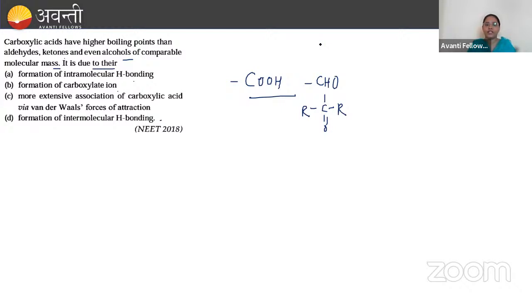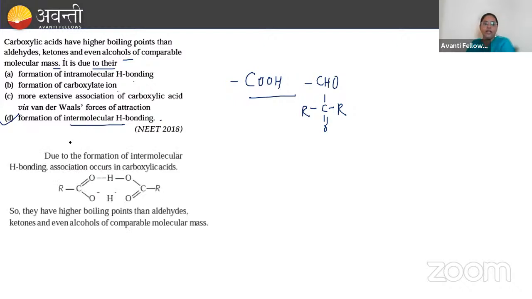Yeah, very good, Priyadarshani. So why is that happening? Due to the formation of intermolecular hydrogen bonding in carboxylic acids, their boiling points are higher. When aldehydes and ketones are there, they do not show any kind of hydrogen bonding. Like this, due to the formation of intermolecular hydrogen bonding, association of carboxylic acid takes place.